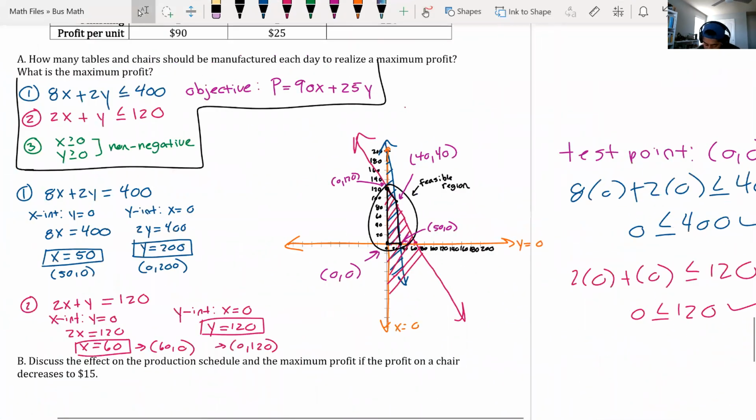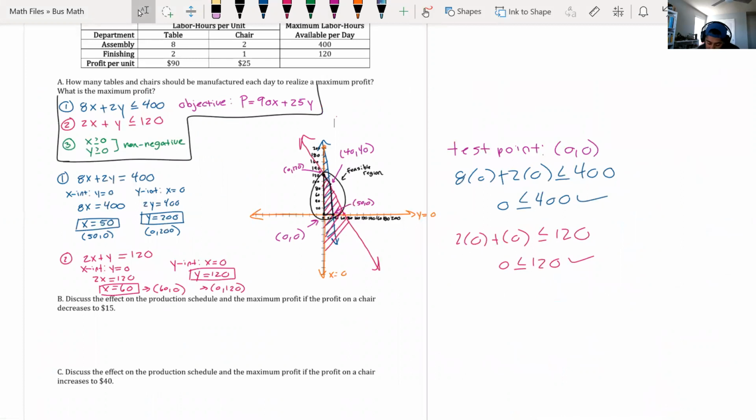We have our corner points, and now we want to test them. Oh, this is still A. We haven't even moved on to B and C yet. So now we want to test our corner points into the objective function and see which amount will give us a maximum profit.